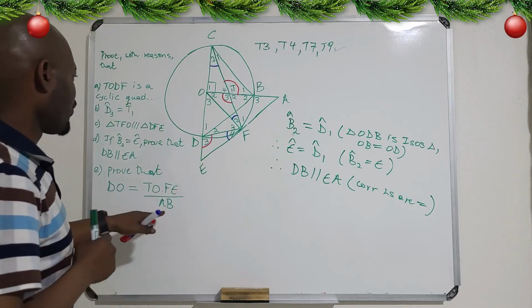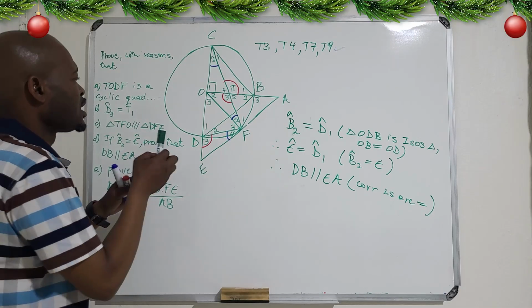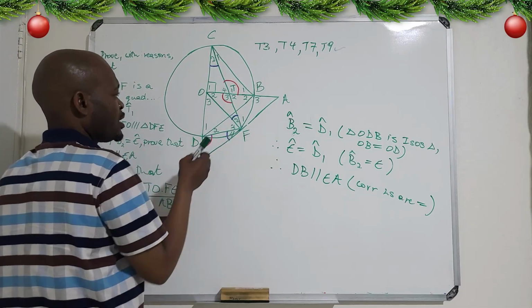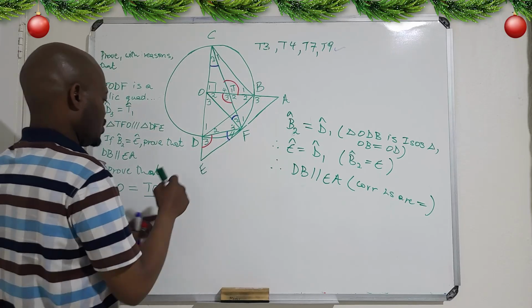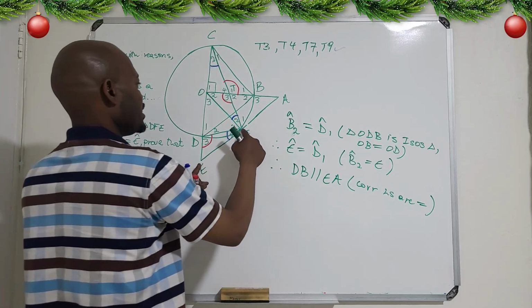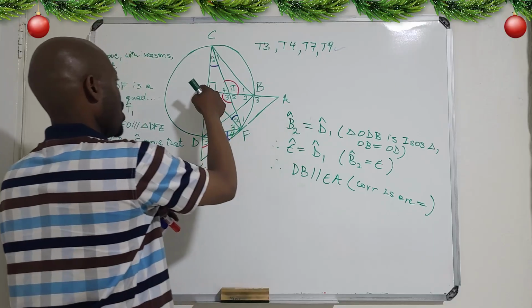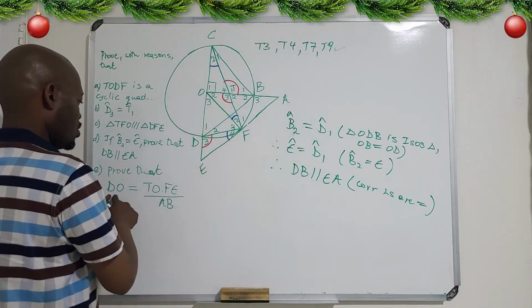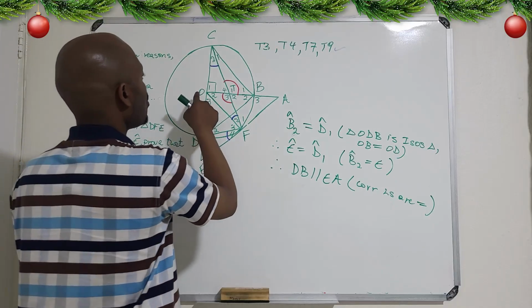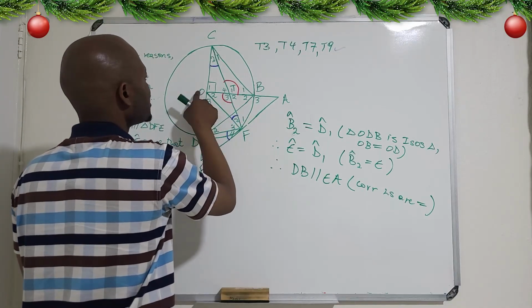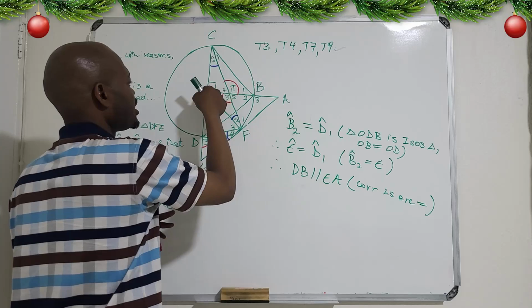What makes me think that we are going to use the theorem is that I can see that FE is in this triangle. Your OD or your DO and your TO, you can see your TO here. It's in this triangle here.